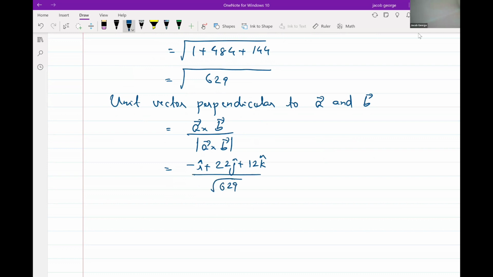This is the unit vector perpendicular to vector A and vector B.